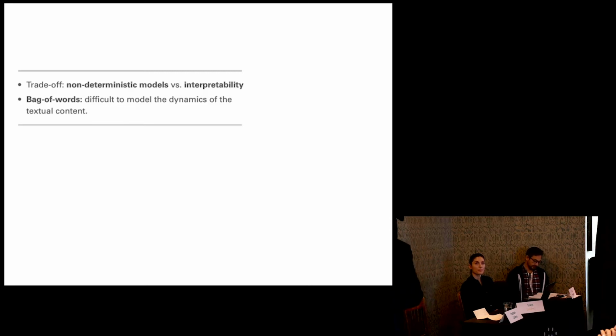There is another characteristic of these text mining techniques called the bag of words. It's difficult to model the dynamics of textual content, right? These topic models were developed as a way to identify latent clusters, but in general, they don't capture how things are changing over time.